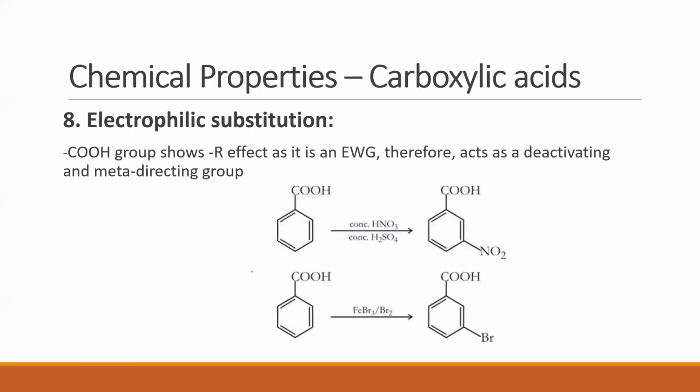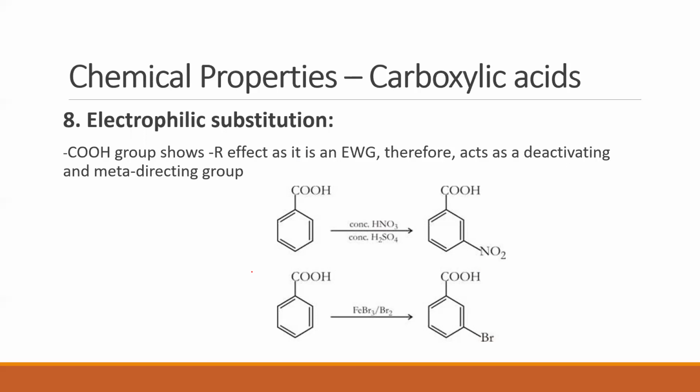Coming to the last reaction of carboxylic acids, all aromatic compounds undergo electrophilic substitution. So benzoic acid is no stranger either. Benzoic acid also undergoes electrophilic substitution. One thing that we have studied so far, whenever we talk about electrophilic substitution, we need to look at where the electrophile will go, whether it will go to ortho, meta, or para.